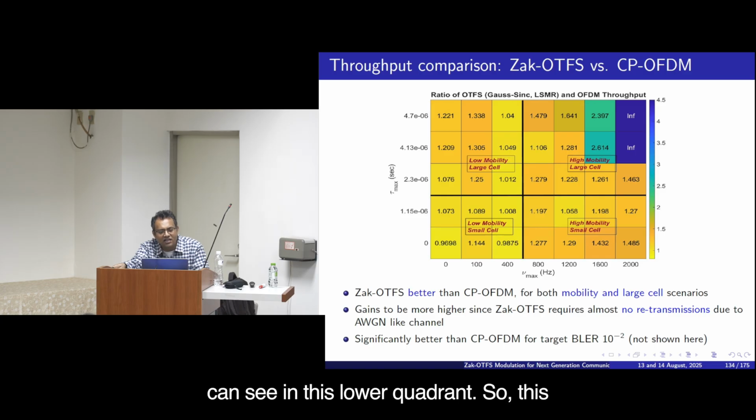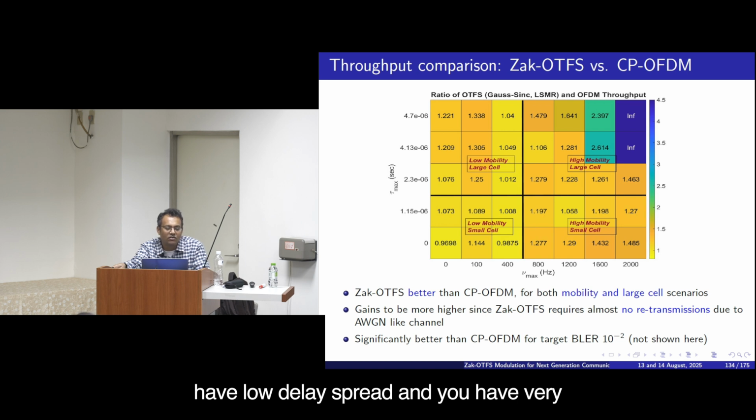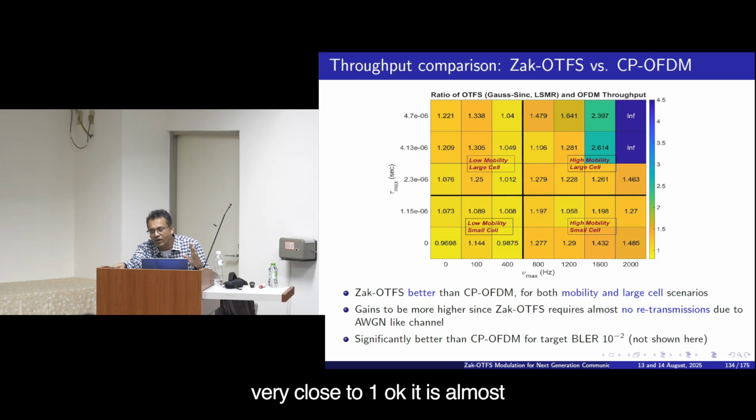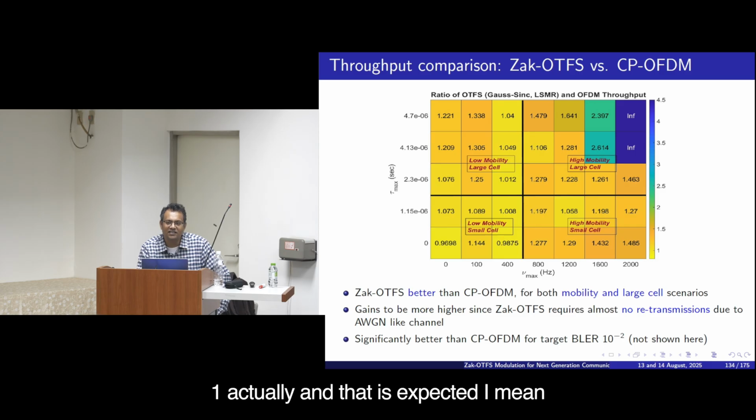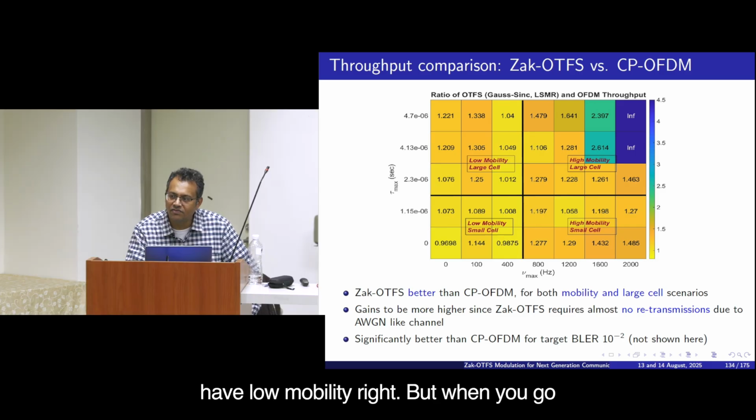And as you can see in this lower quadrant, which is basically small cells where you have low delay spread and very low mobility, this ratio is very close to 1, it is almost 1 actually, and that is expected. CP OFDM is going to do well when you have low mobility.